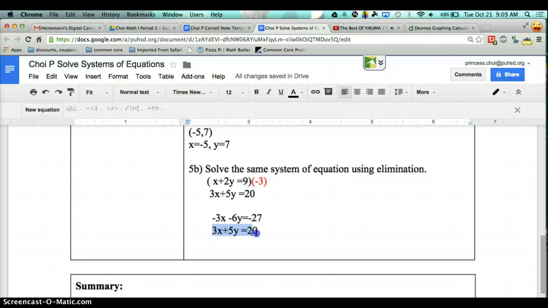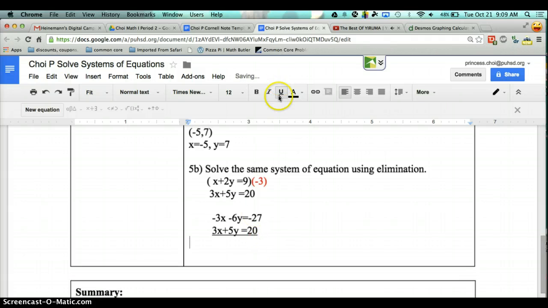Now what we can do is add, top and bottom. And so now, -3x plus 3x is 0. -6y plus 5y is what? -y. And that equals what? -27 plus 20 is -7.